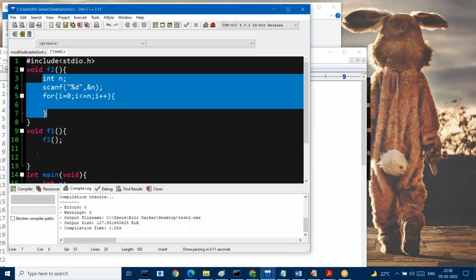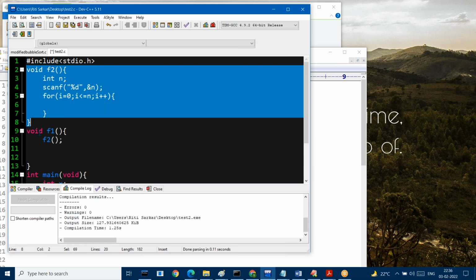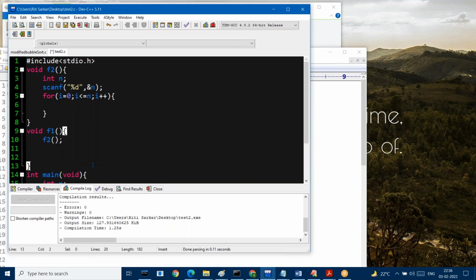Agree with me or not? Now, if you are calling F2 here, what about the complexity of F2? Order of n, and hence the complexity of F1 will also become order of n.